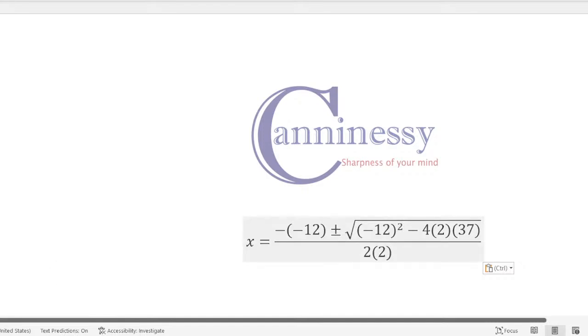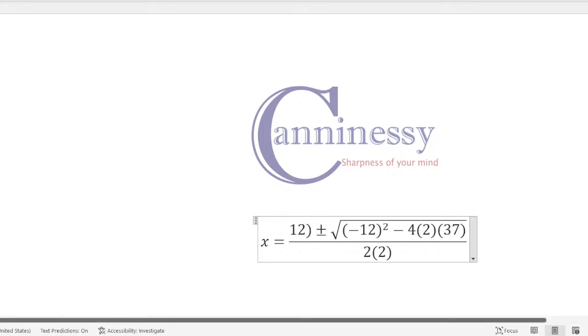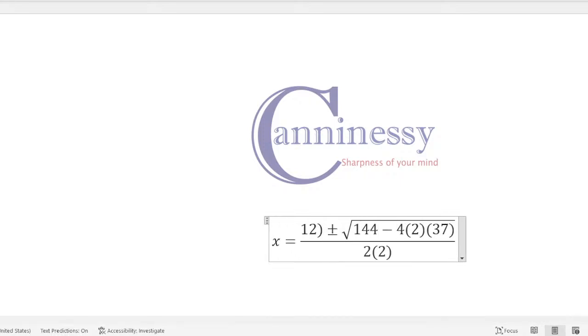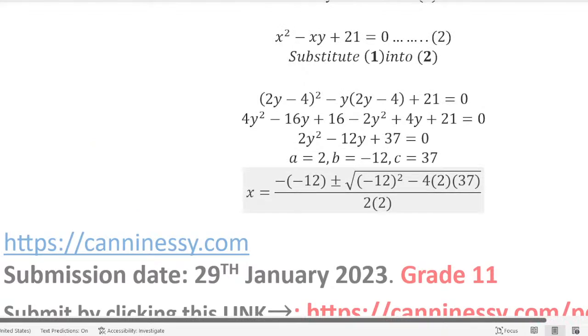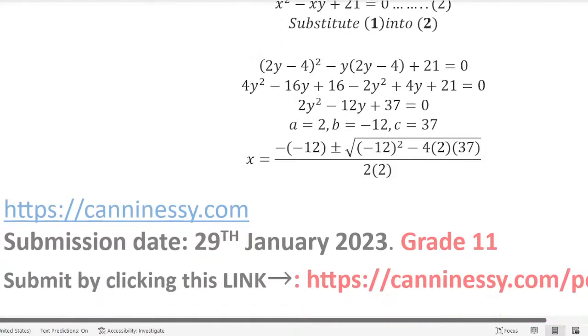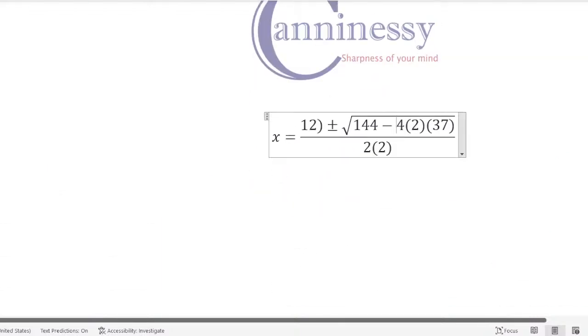Negative times negative is positive 12, plus or minus the square root of 12 squared, which is 144, minus 4 multiplied by 2 multiplied by 37, which is 296.